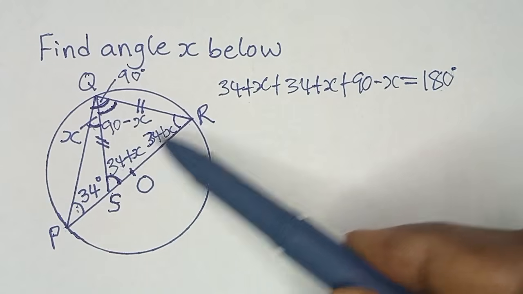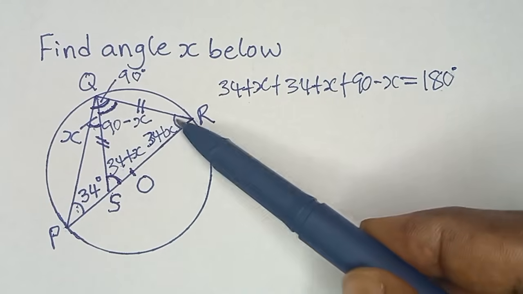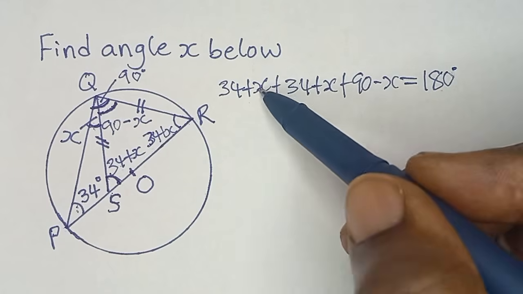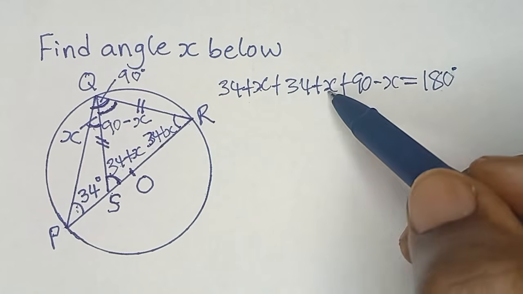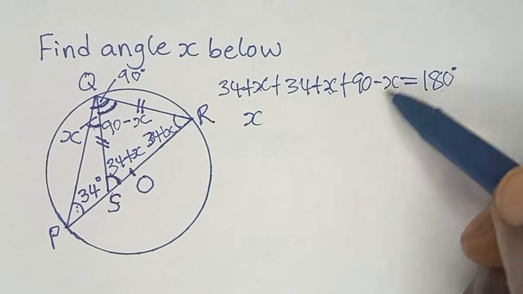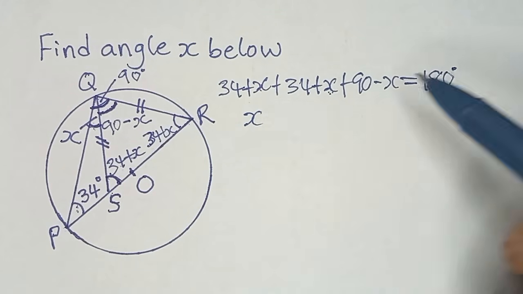Don't forget these three angles inside this triangle add up to 180. So we can now simplify further. x plus x is 2x, then minus x, I'll be left with only x. So 2x minus x gives me just 1x.